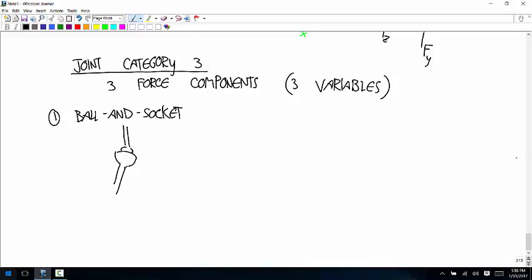Okay, so free body diagram. Let me call this body 1 and this body 2. Free body diagram of body 1 looks like this.